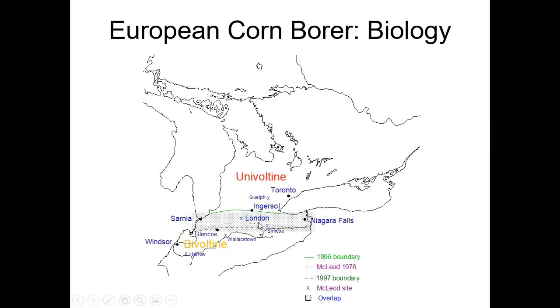So we basically get 3 generations: 1 generation for the bivoltine, then a generation for the univoltine, and then a 2nd generation for the bivoltine. So we have extended pressure in this gray band compared to the other areas. And of course, we do have a lot of sweet corn growing in that gray band there.